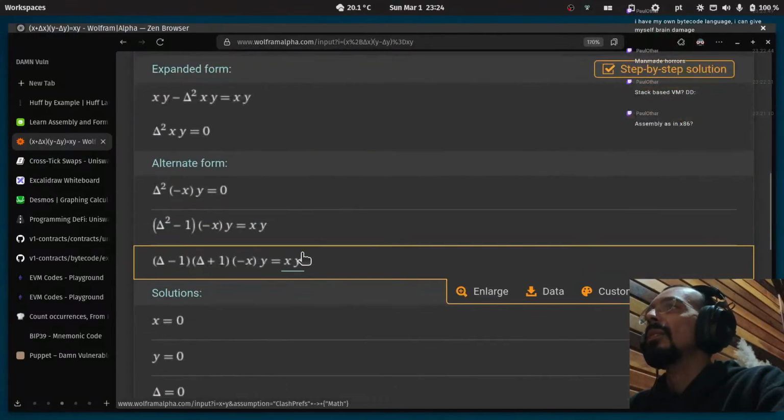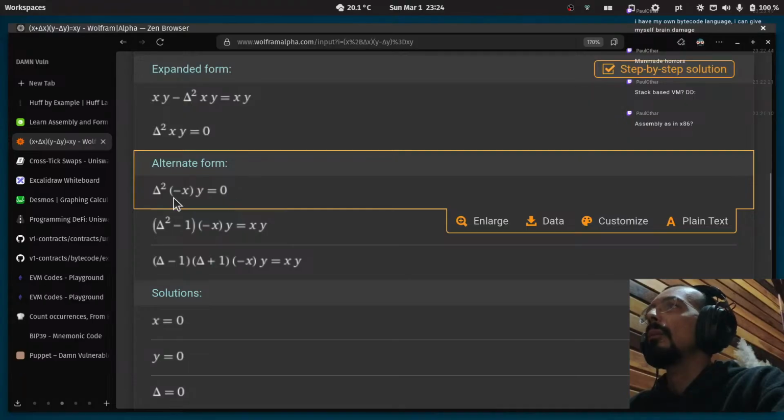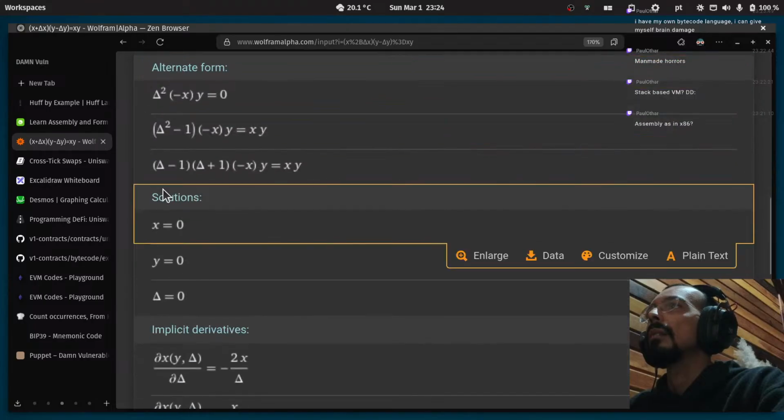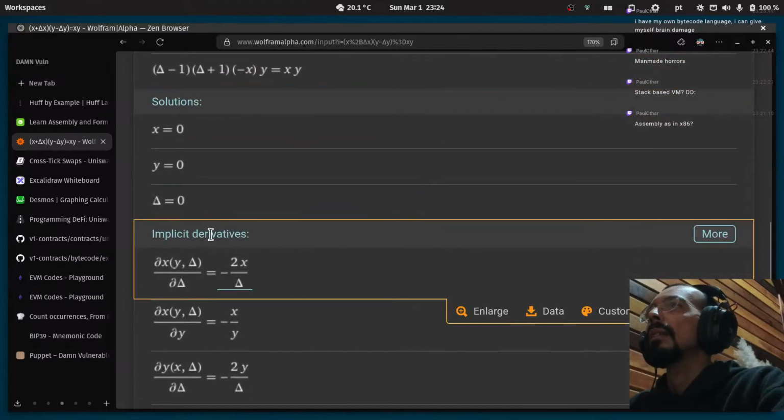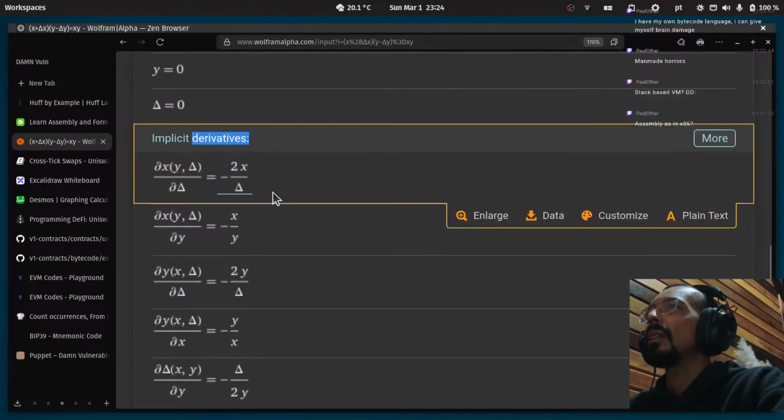Why is delta squared? Yeah, derivative is the name I was trying to remember. Derivatives I know, it's a complex matter. I tried to learn it three times. Each time I learned and understood it, then I just forgot.